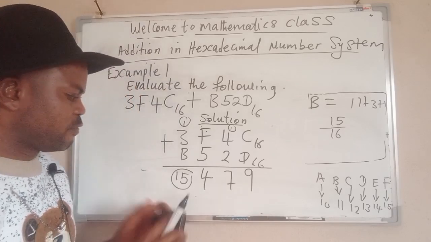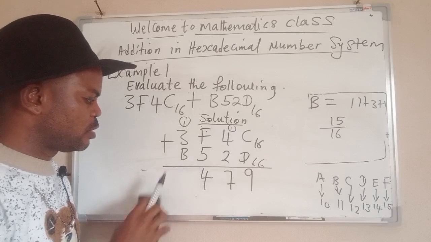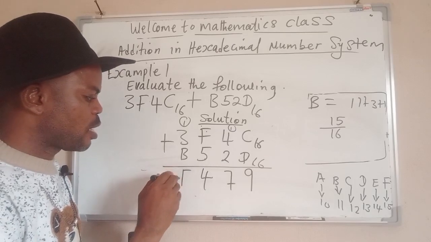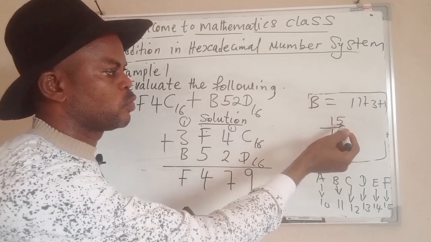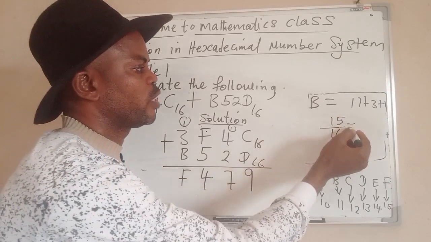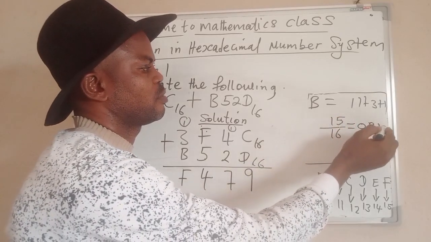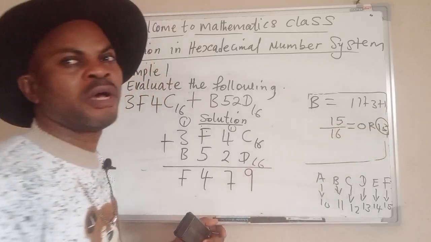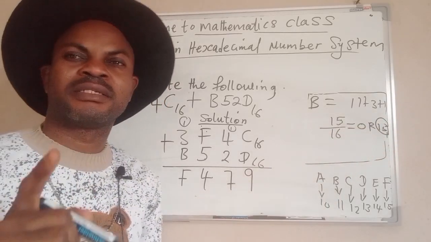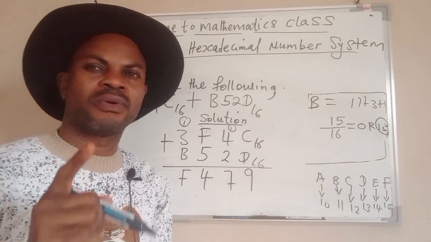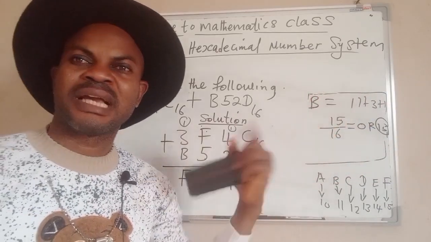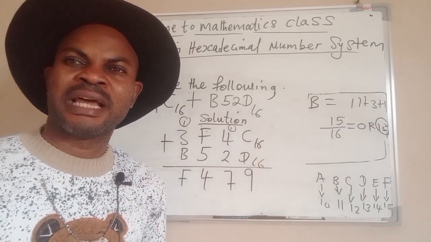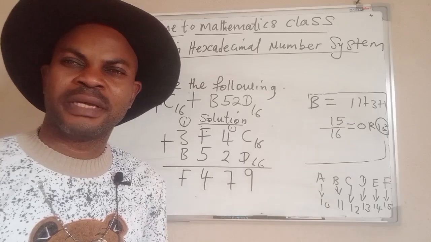You say F. So we replace this with F. Because if you divide, 15 divided by 16 will give you 0 remainder 15. Will I write the 15 down? No. Use an alphabet. Be smart enough to recall that you're going to have 15, and 15 cannot come down here. Replace it with an alphabet because you're dealing with base 16.